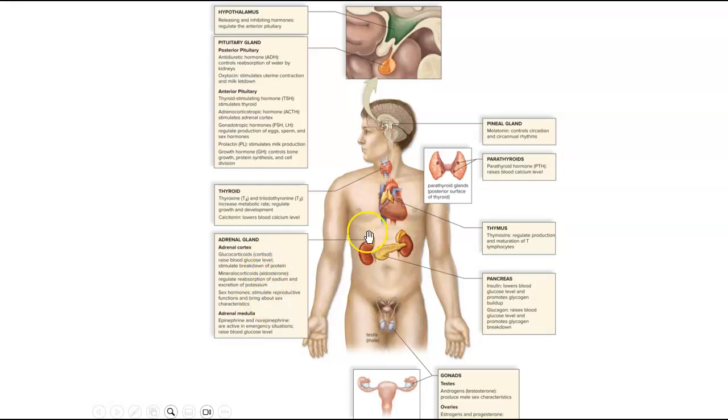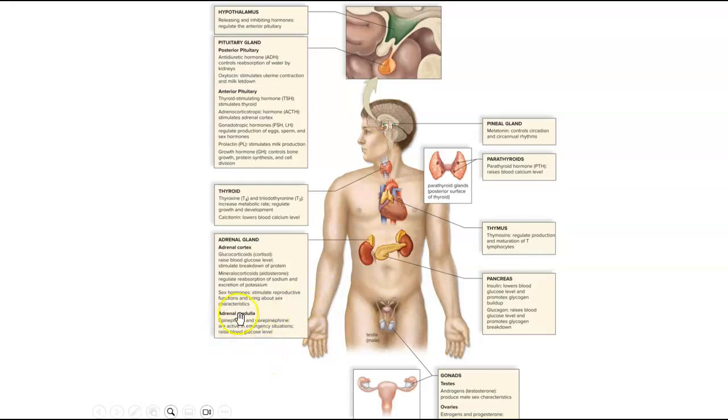For example, this is a man, and so he already produces testosterone in the testes, but he will produce estrogen in the adrenal cortex. And then the inside of the adrenal gland, called the adrenal medulla, produces epinephrine and norepinephrine, which are like adrenaline.